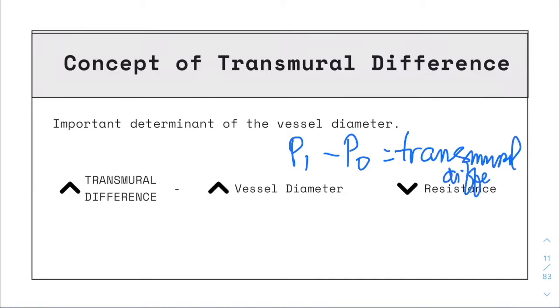Okay, so what is the importance of this? The greater the transmural difference, the greater is the vessel diameter, the lesser would be the resistance.